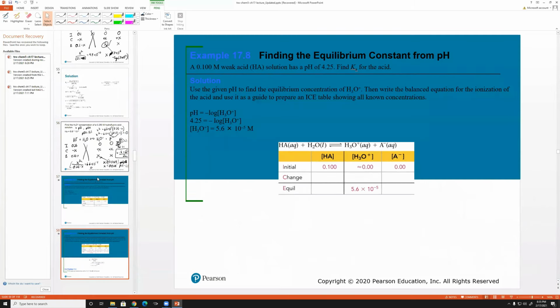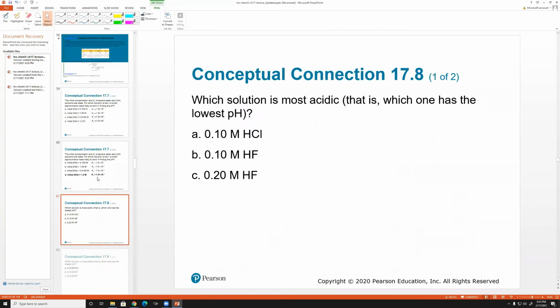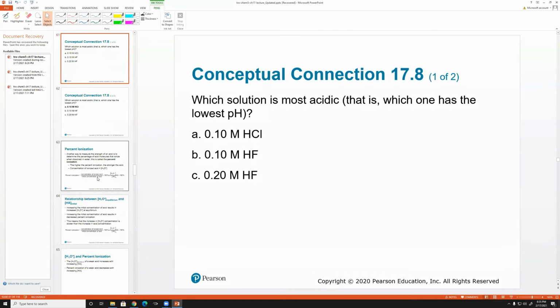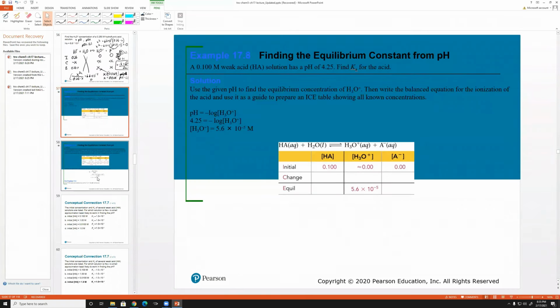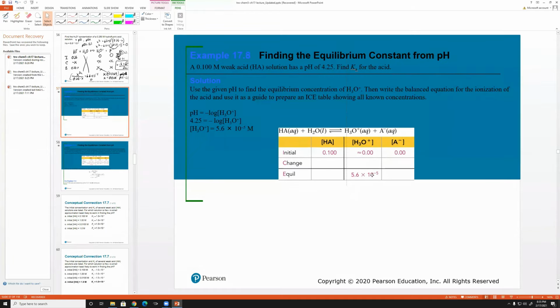All right. So what we're going to do is one more example. We'll do this one. Okay, so I'll give you guys 5 minutes to do this one. We'll go over it, then talk for 10 seconds about percent ionization, because based on what we just learned, you should know how to figure that out.